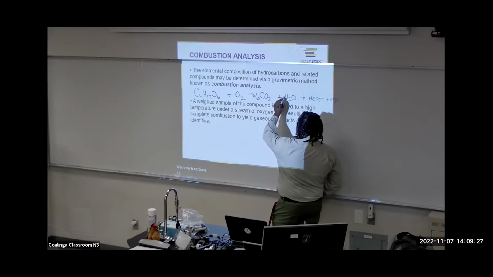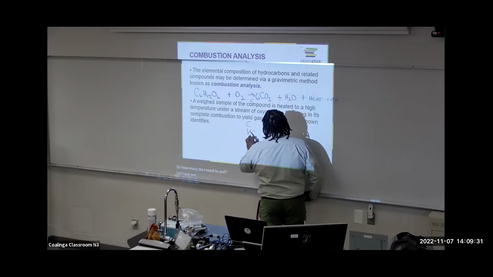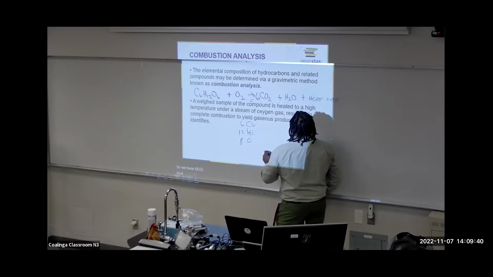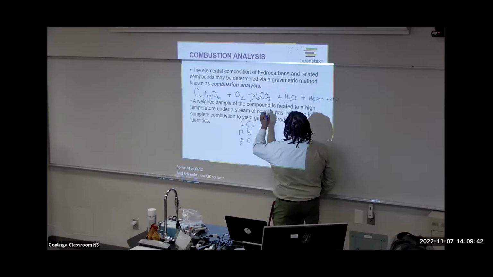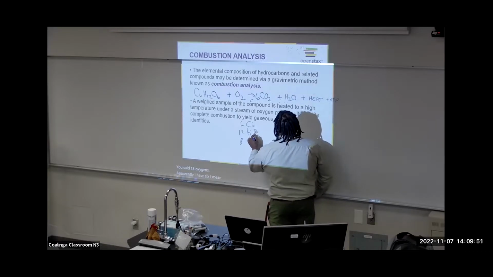So how many do I need to put? So we have 6, 6, 12, and 8. Okay, so over here we have 13 oxygens. Currently have 2 hydrogens.